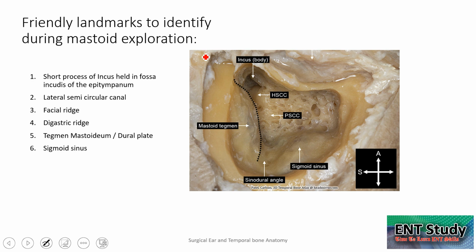The first of which is the short process of the incus, which is held in the fossa incudis of the epitympanum. Then we have the lateral semicircular canal. Superiorly, we must reach up to the dural plate, which is also known as the mastoid tegmen, as discussed previously. The posterior boundary is the sigmoid sinus, and the inferior boundary is the digastric ridge.